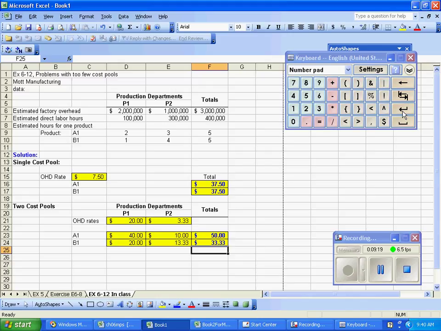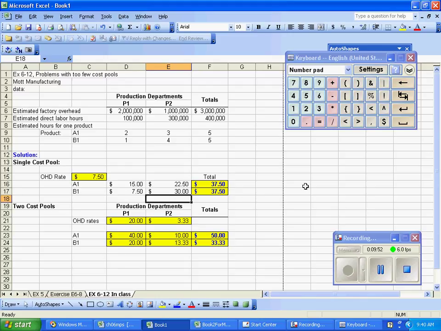If I use this 7.50, I just took the totals, but if I did it by department, it would be 7.50 times 2, 7.50 times 3, 7.50 times 1, and 7.50 times 4.